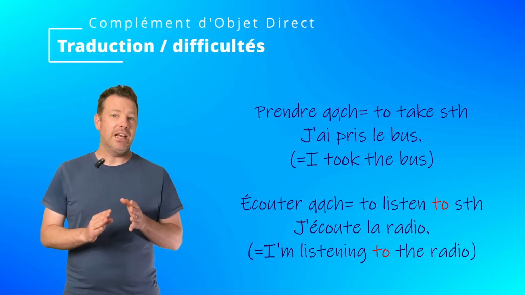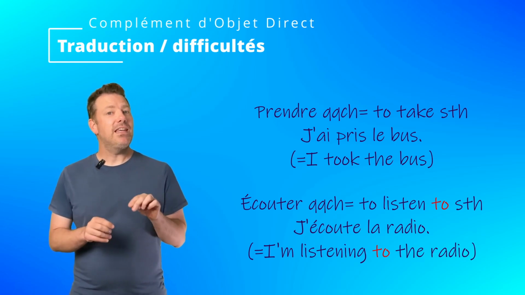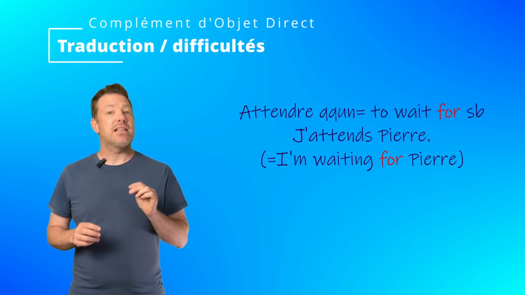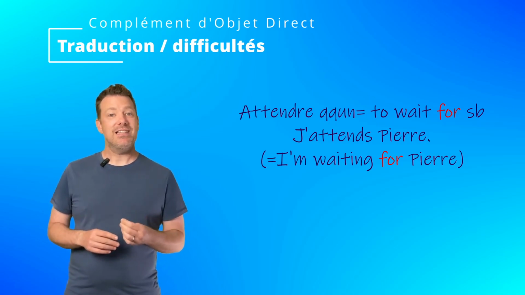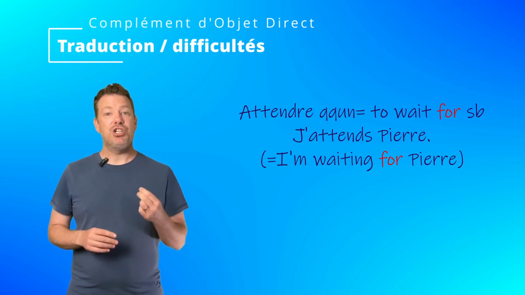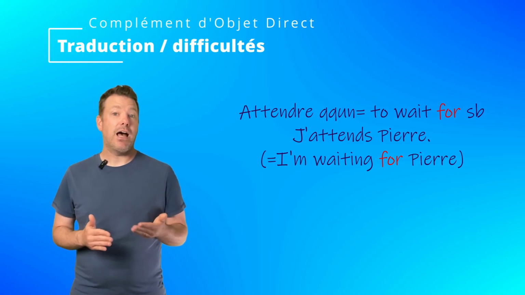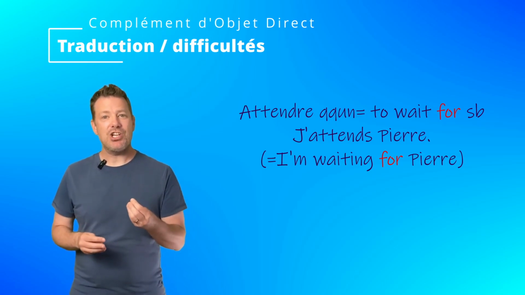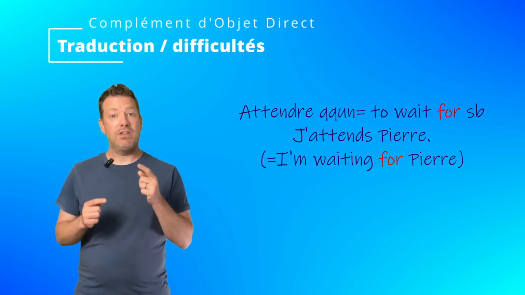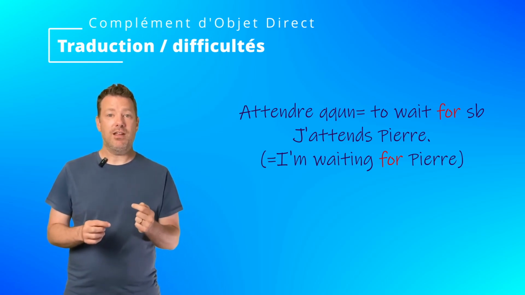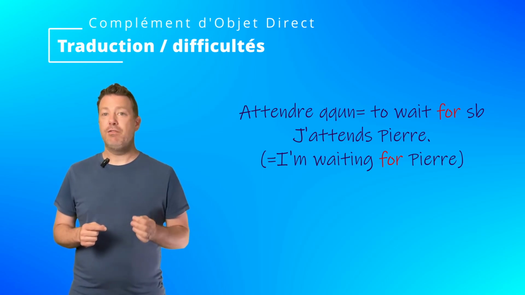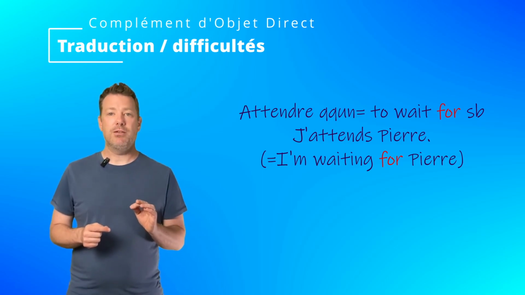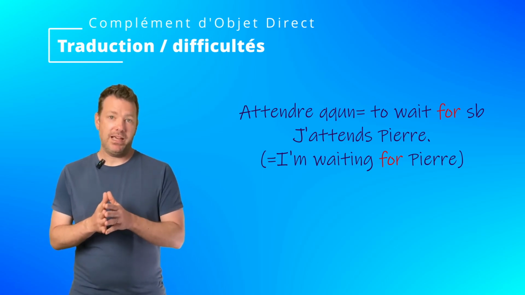So the verb in English is transitive indirect. Same goes for attendre, that is direct in French. J'attends Pierre. I'm waiting for Pierre. And you see that in English it's indirect because of that for that changes everything. So that's a preposition. In French, there is no preposition. Okay? J'attends Pierre, it's direct.